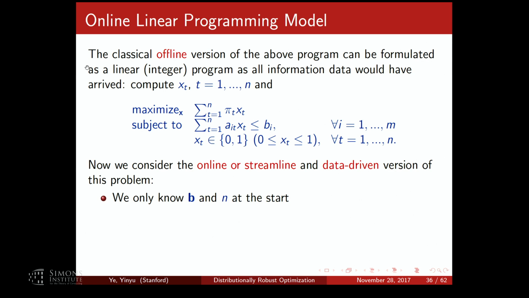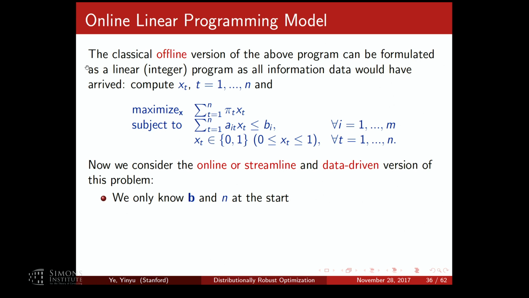However, now we consider a streamlined, or online, version of this problem. You only know b, which is how much inventory of items you have at the very beginning. Let's say you also know overall how many customers will eventually come to the store. You have an estimate, it could be a time length. You only know this information.